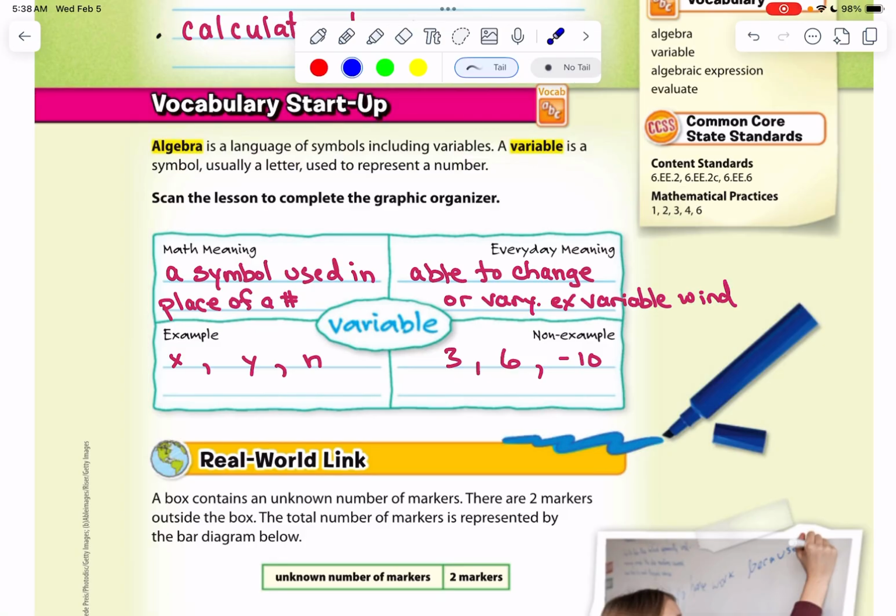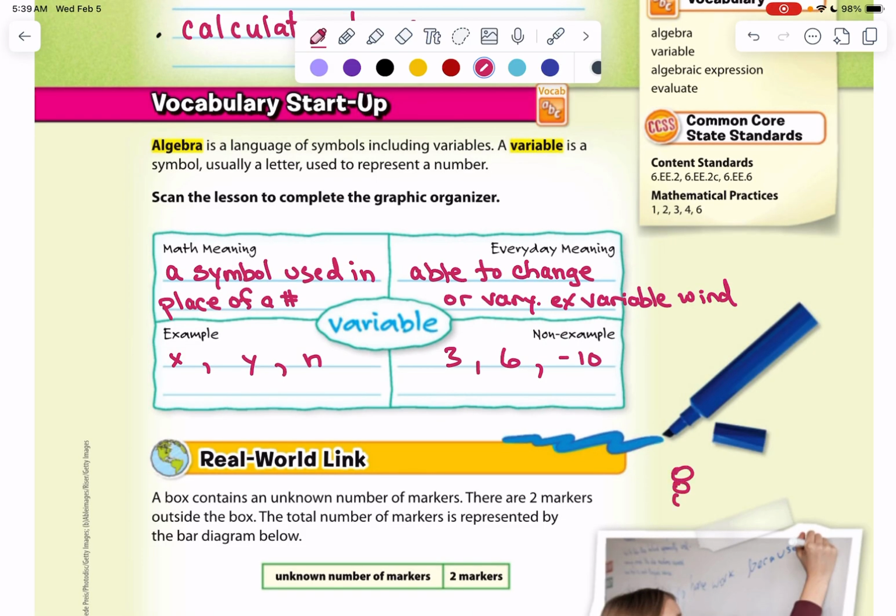Okay, so algebra is like a language and it has symbols, including variables, which are just letters that represent a number. Now we could use a picture too. For instance, let me switch to a pen here.